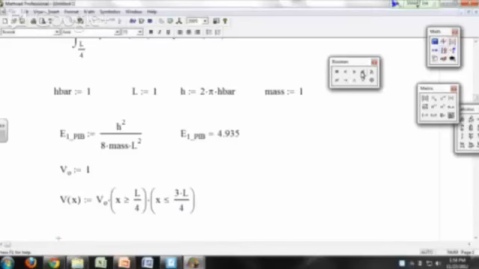If x is between L over 4 and 3L over 4, both Boolean expressions will be true, then V of x is just V naught. If any one of these expressions is false, then the whole expression is 0, which is what I want. So let's plot that.